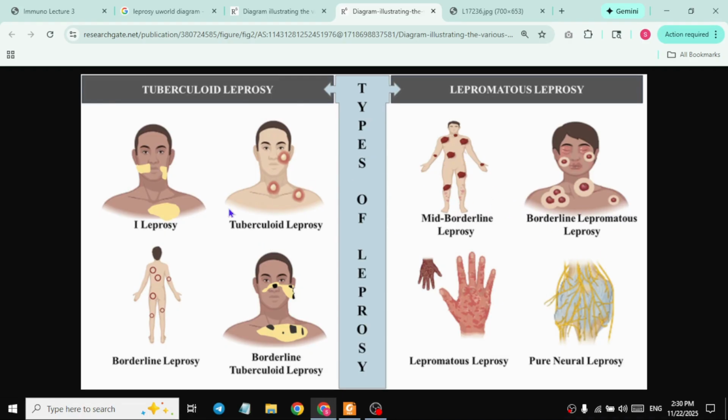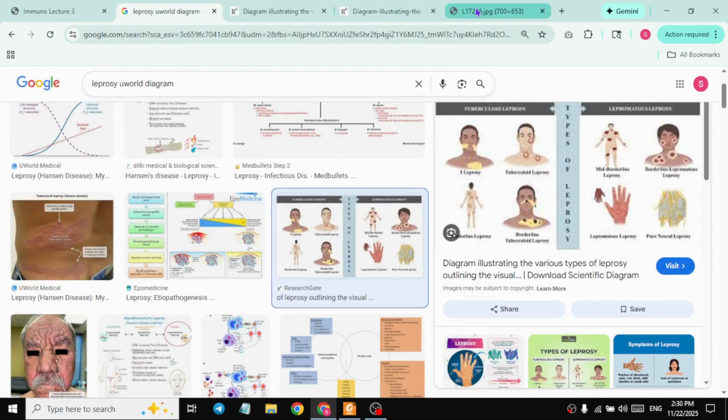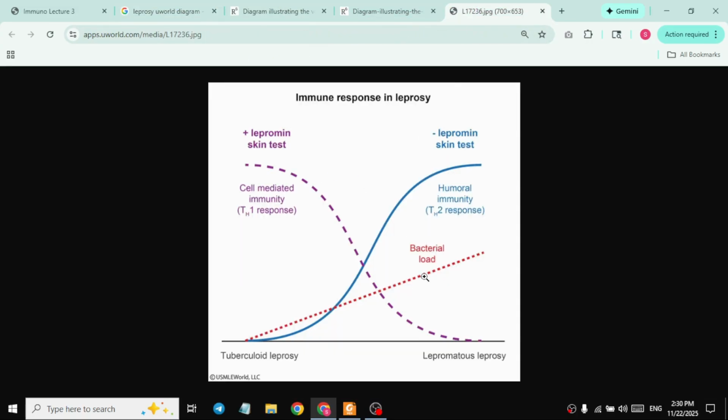When you look at tuberculoid, it's going to be mild, like papular inflammation or something. Now, the reason why this happens in different individuals is because different individuals have different types of immune activation. Tuberculoid basically goes under a Th1 response.